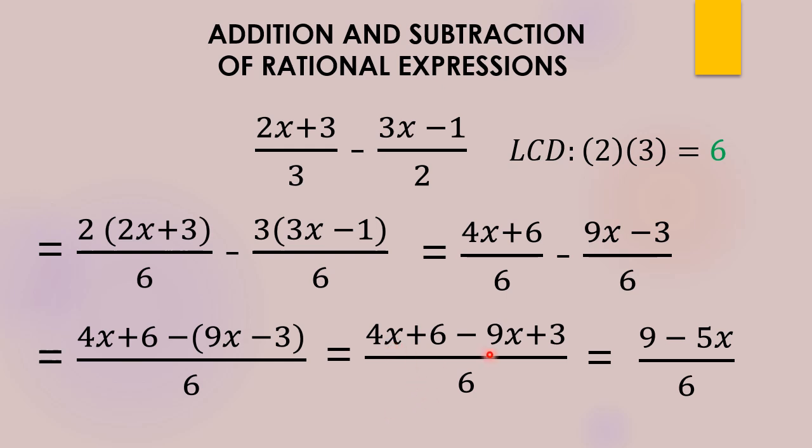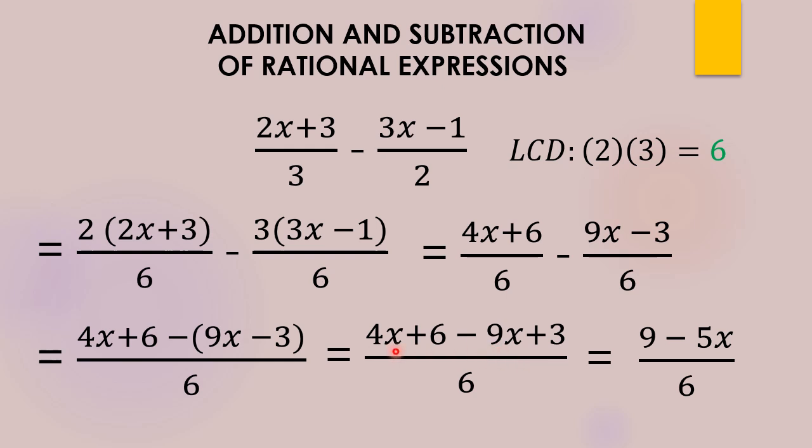So 4x minus 9x, we combine these two, it will give us minus 5x. So how come that 5x is negative? Because 4x is positive and 9x is negative. These are unlike signed terms. One is positive and the other is negative. So we subtract these two.